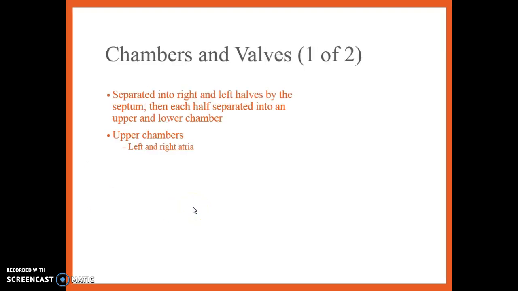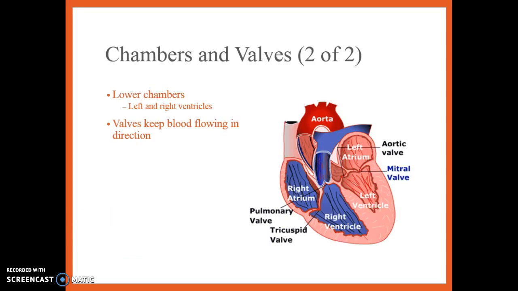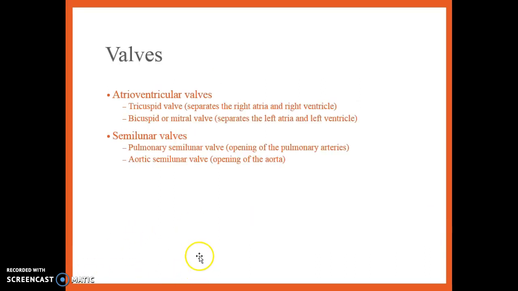Separated into right and left halves, there's a septum. Right here. The septum separates the right and left ventricles. It's also important in the conducting system of the heart so that it will beat. This just shows the blood, which direction it's flowing.